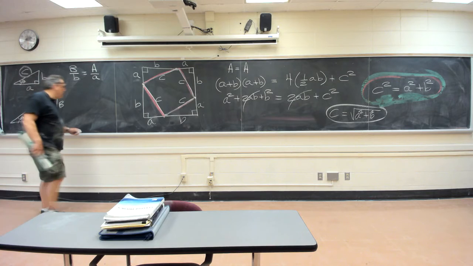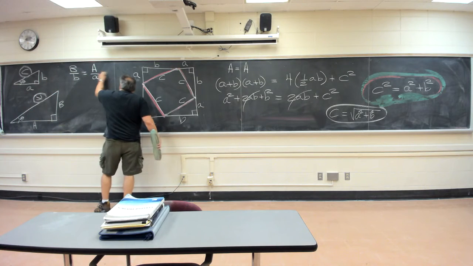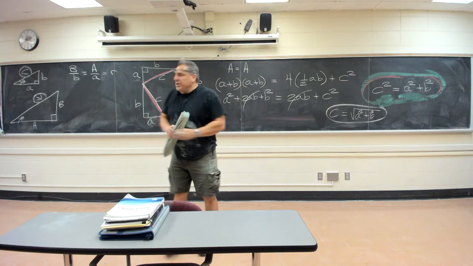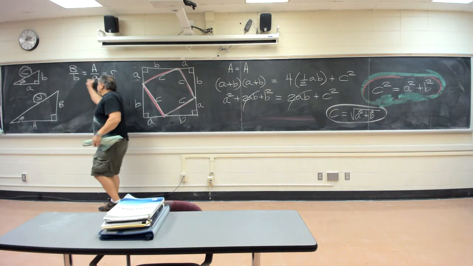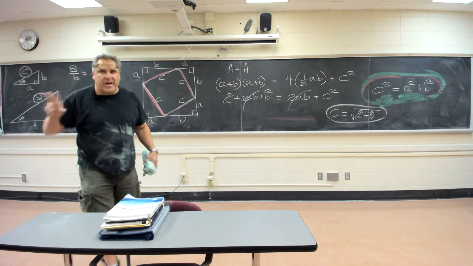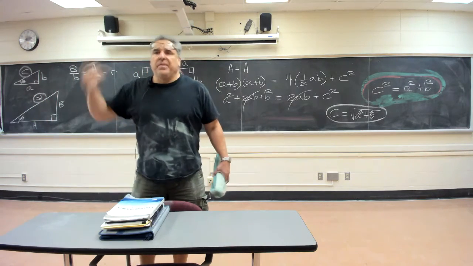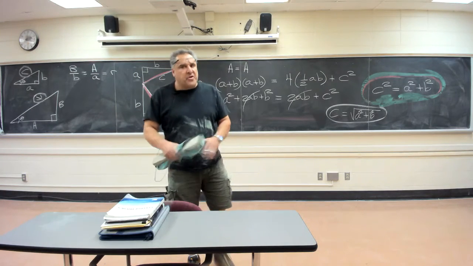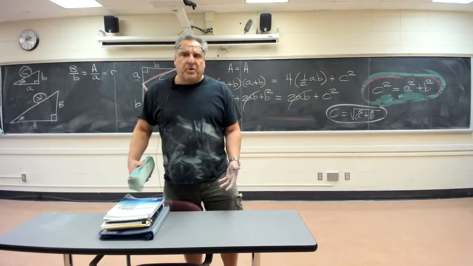We did say this. Could I say that ratio? I could go the other way with the ratios, guys. You understand that any two non-zero ratios that are equal to each other, their reciprocals are equal to each other as well. If two things are equal to each other and they're not equal to zero, then their reciprocals are equal to each other.